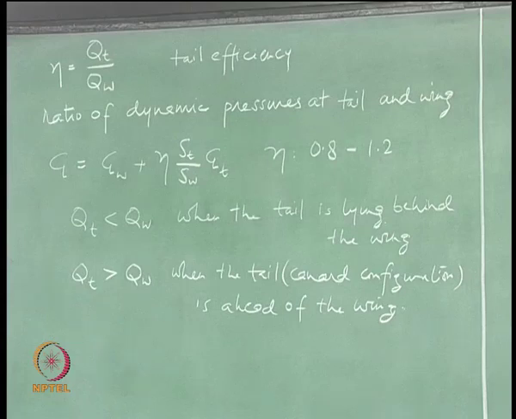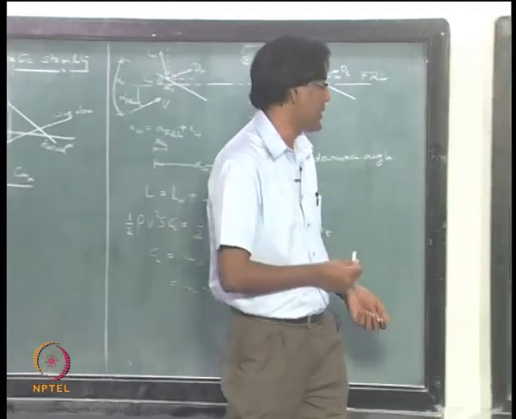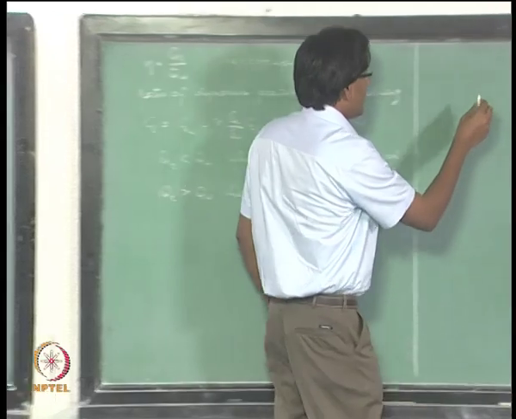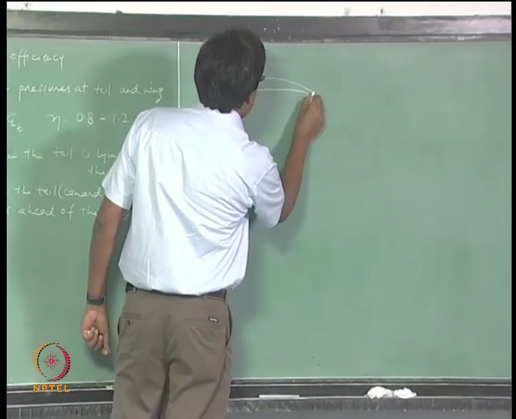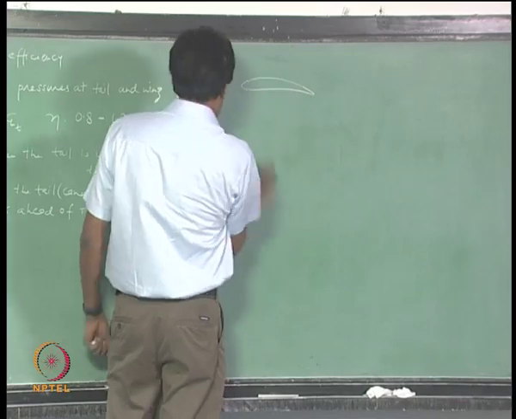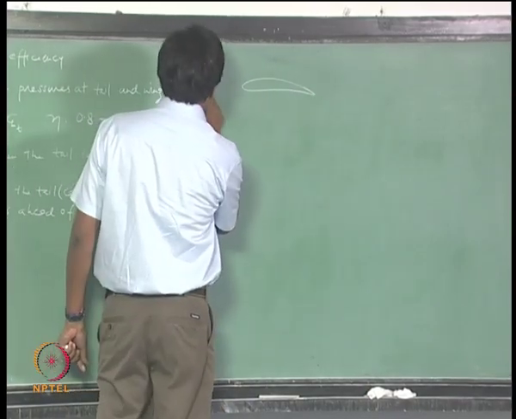Right, and it's mainly because you are seeing an upwash in front of the wing, right, ahead of the wing, and a downwash behind the wing. So, the flow field around the wing will look something like this.